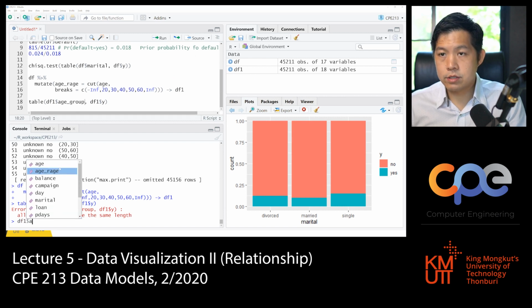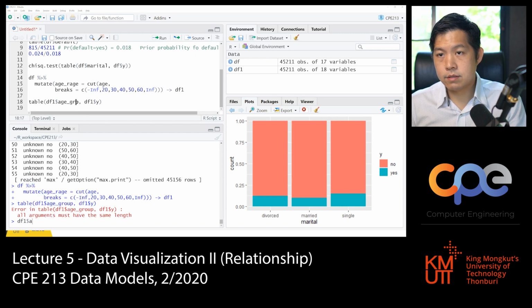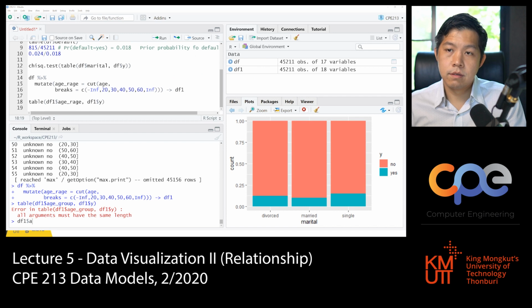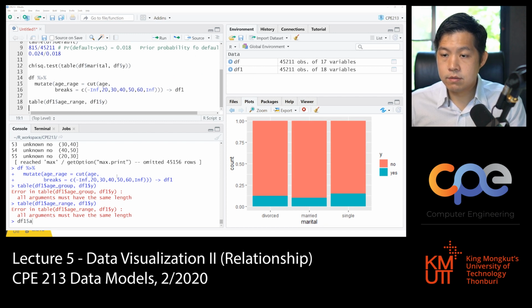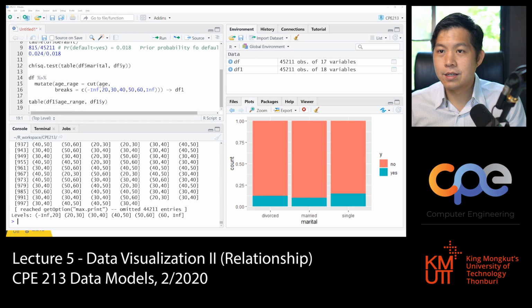Oh, age range, sorry, not age group. Age range. I see.